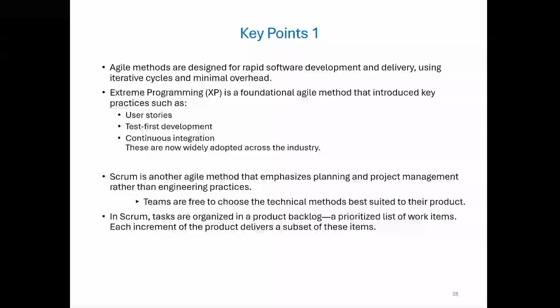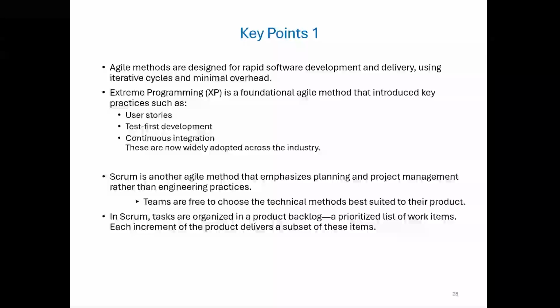So XP is very engineering focused. It's about how we write and test code. On the other side, Scrum is more about how we organize and manage the work. It gives us a structure for planning, tracking, and reviewing progress without dictating how the code should be written or tested.